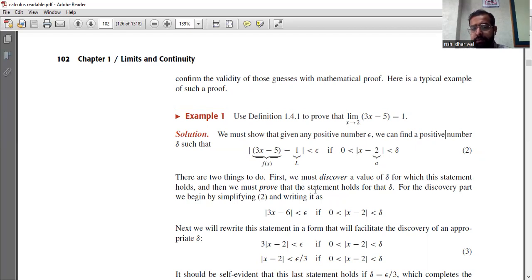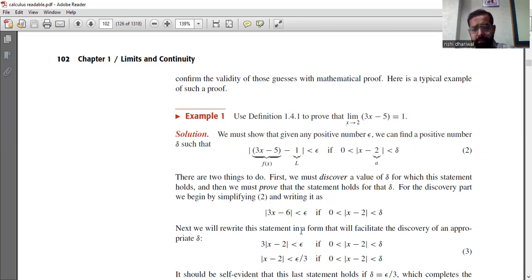There are two things to do. First, discover the value of delta for which the statement holds, and then we must prove the statement holds for that delta. For the discovery, we begin with the modulus of 3x minus 6 less than epsilon if 0 is less than the modulus of x minus 2 less than delta. If we take 3 common, then we get the modulus of x minus 2 less than epsilon by 3, with 3 outside the modulus. So x minus 2 is less than epsilon by 3. Here 0 is less than the modulus of x minus 2 less than delta.